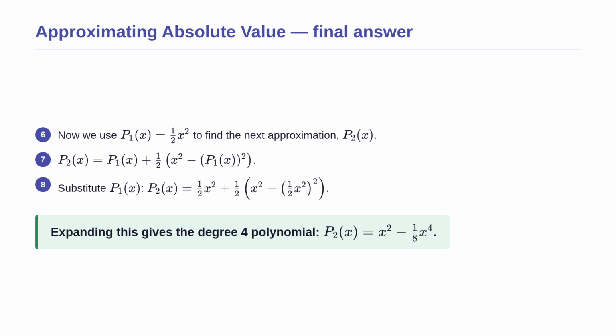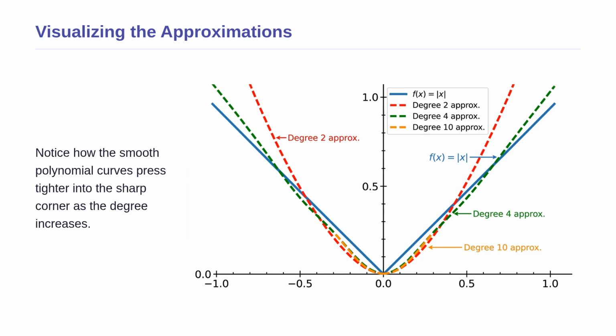This new polynomial hugs the V shape much closer than the previous one. If we kept repeating this process, the polynomials would get higher and higher in degree, pressing tighter and tighter into that sharp corner. Let us look at exactly what this iterative process achieves visually.